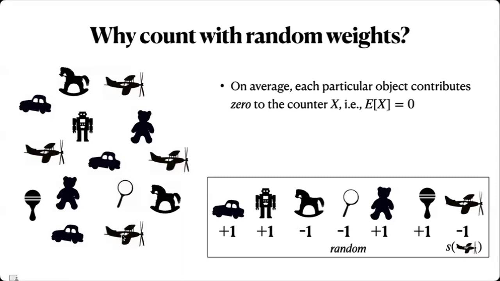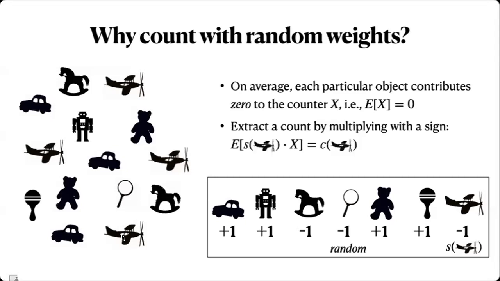But now there's something like a magic trick, and I know that this is similar to some of the magic in VSAs, which is that if we multiply by one of these counters, we actually get something that has a positive expectation. So multiplying the counter by the sign of the airplane gives you a value that in expectation is exactly the count of the airplane.